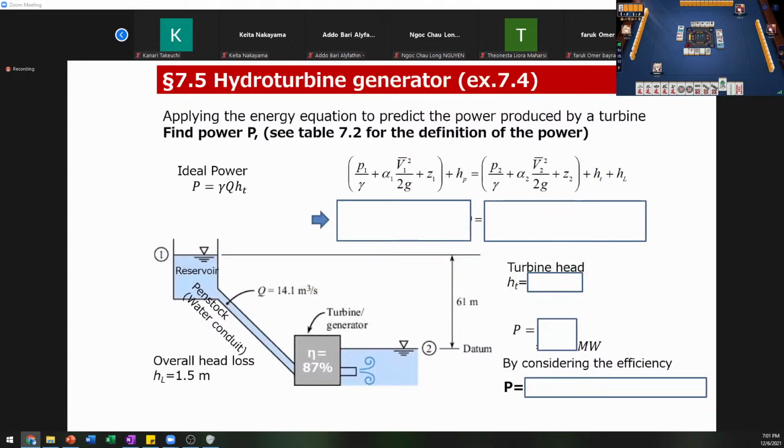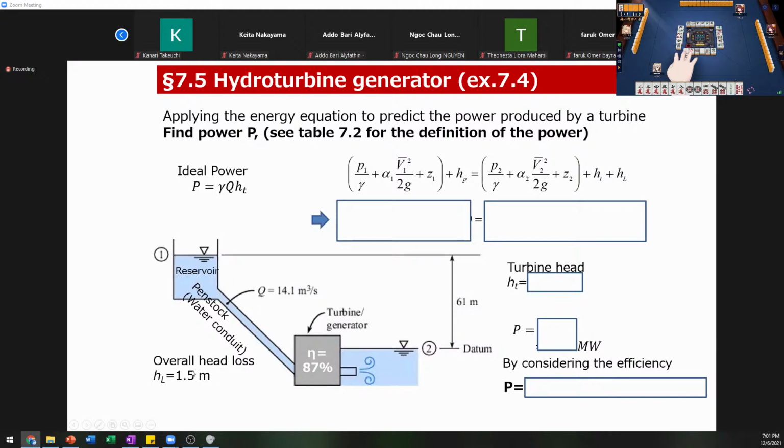So by using the efficiency, let's use the energy equations to solve this problem. Applying the energy equations to predict the power produced by a turbine. There is a reservoir, the flow goes down, and this system has a turbine generator with the efficiency of 87%.